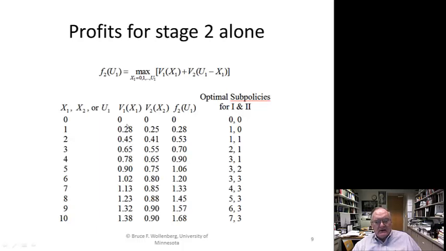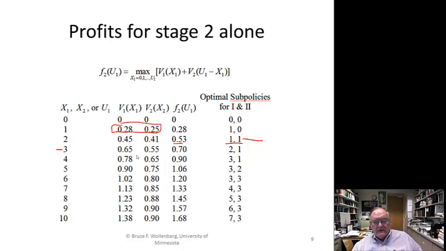Now I can go back here and sum over these, which you notice is greater than either of these. It's 53. So here's the optimum, and we say that it's 1 and 1.